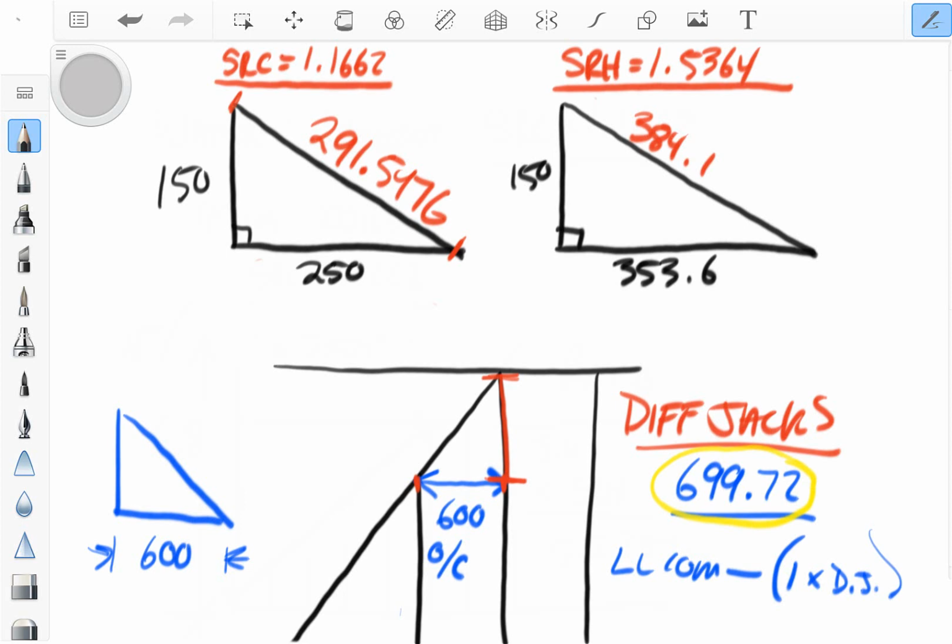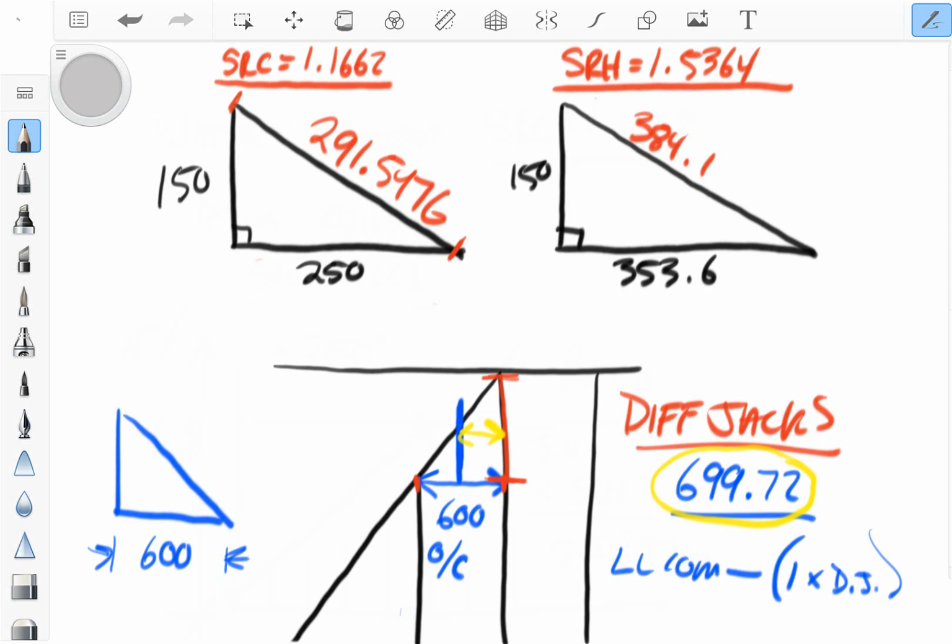If by chance we had a rafter that started right here, so this was a portion of a space, and let's say the portion was 0.5 of a space. We know that would be 300 millimeters, but let's call it a portion of a space. From here to here was only 0.5 of a space.